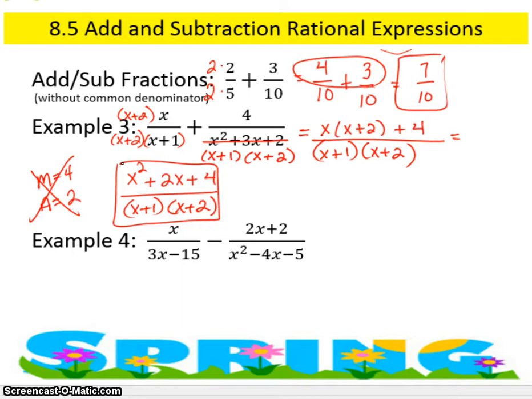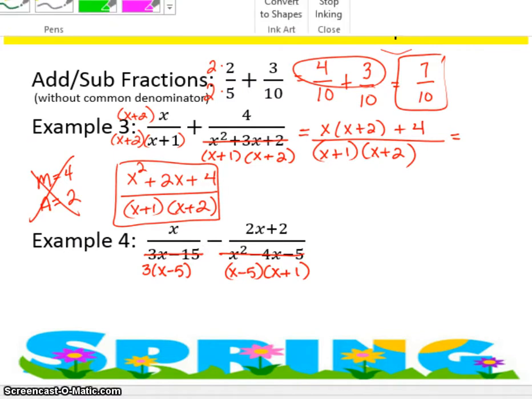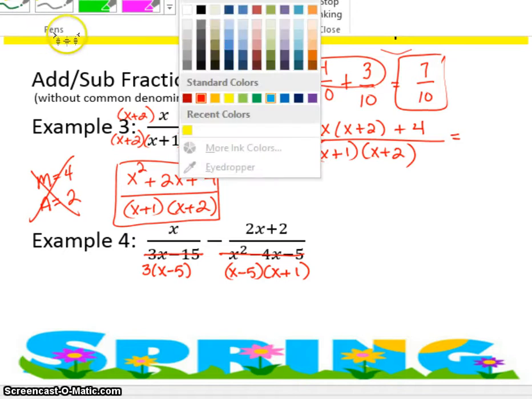Okay, so moving on to number 4. Let's factor the bottom. So this is going to be 3 times (x minus 5). And over here we have (x minus 5)(x plus 1). Okay, so what is this first fraction missing? Well, I'm going to change colors here so you can see what I'm adding in here.